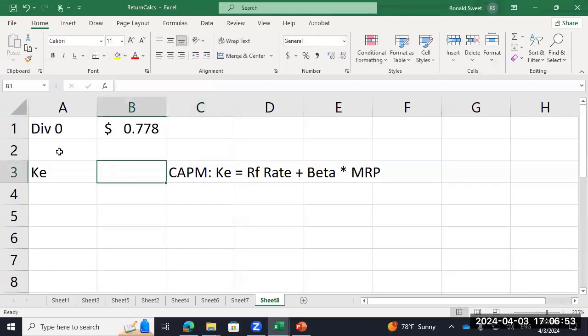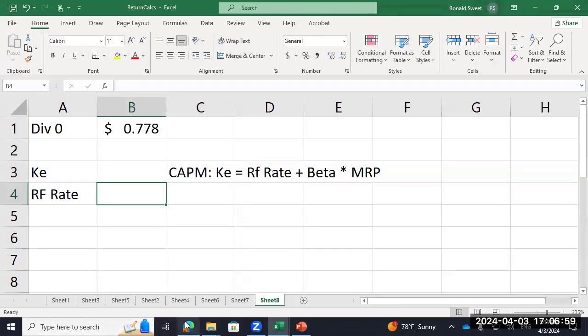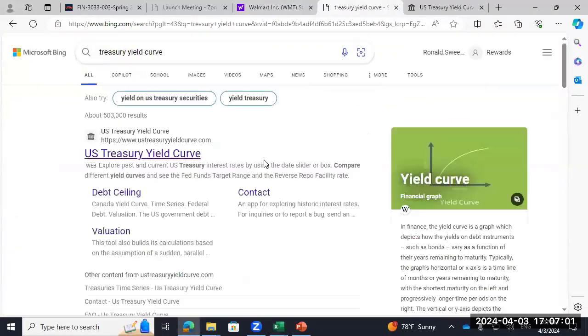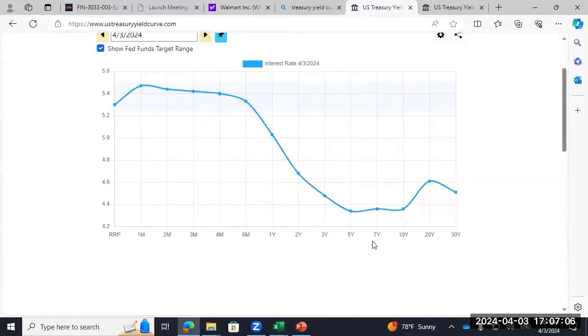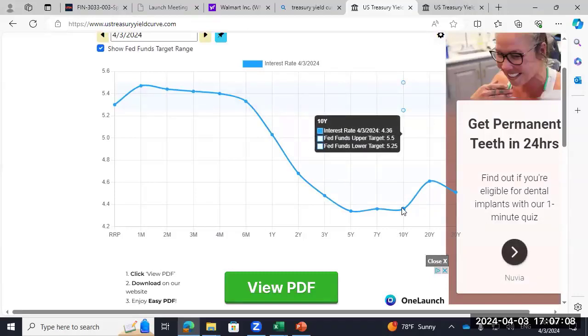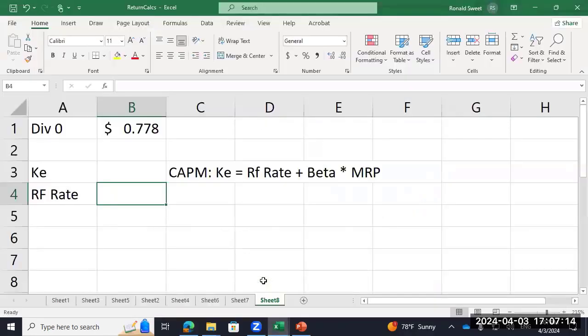All right. So for Walmart, I'm going to use the 10-year Treasury for my risk-free rate. So the risk-free rate today, the 10-year. What has the 10-year been doing the last couple of days? Shooting up pretty rapidly, hasn't it? 4.36. I'll just use 4.4%. The beta, what beta would you use for Walmart?